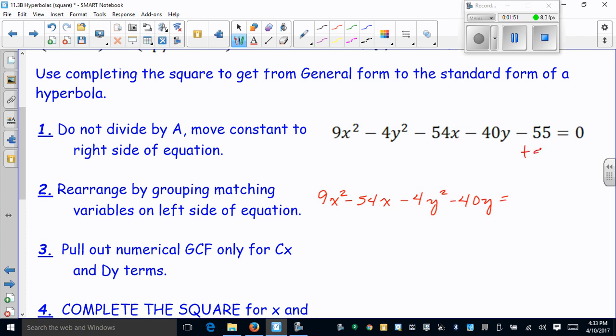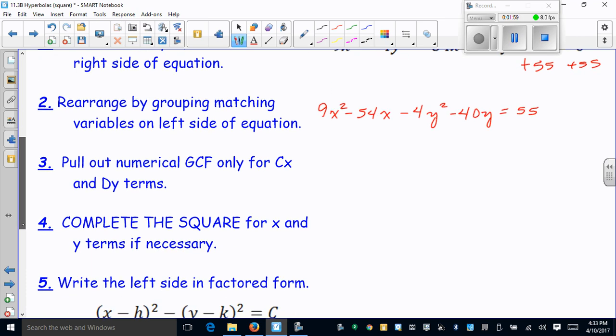And then in step 3, it tells you pull out numerical GCF only for x and y. So it's just this guy right here. So this is going to be 9 times x squared minus, and 54 divided by 9 is 6x, plus some number. And this time you're going to pull out the negative 4.